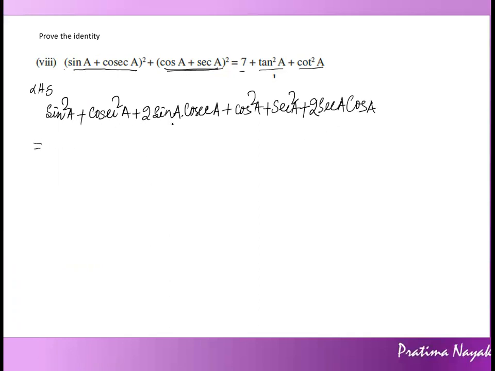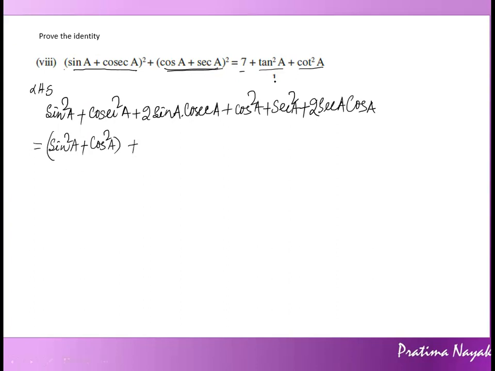Just a square plus b square plus 2ab. Now what to simplify here? First I'll do simplification. I'll take sin square A plus cos square A together. Why? So that I'll get a 1.